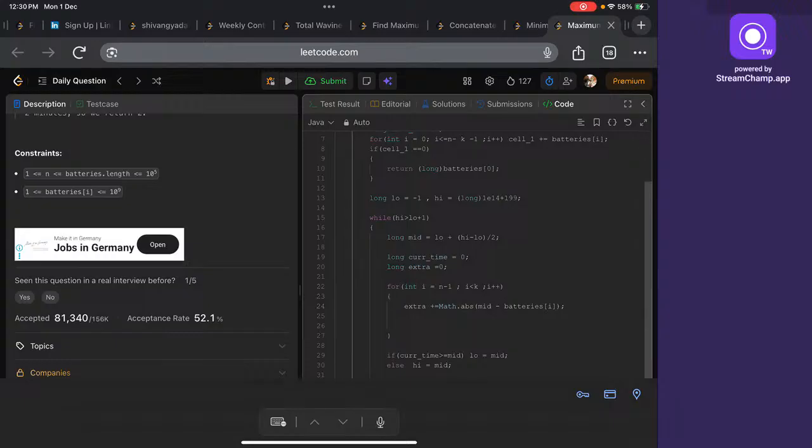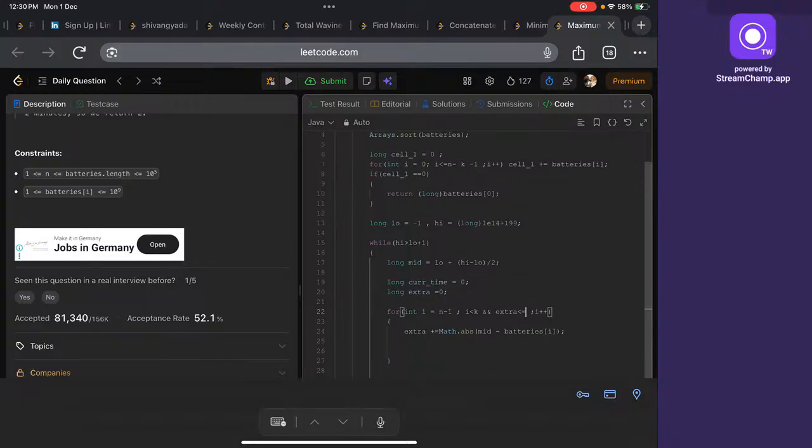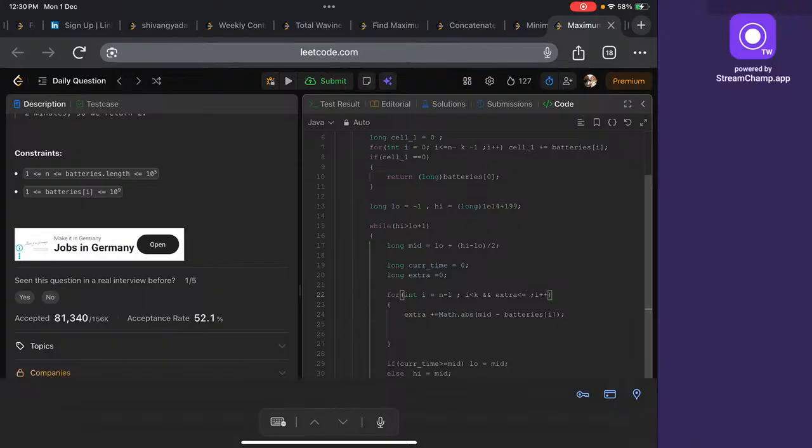To make this algorithm faster, we could optimize it, but we will not.